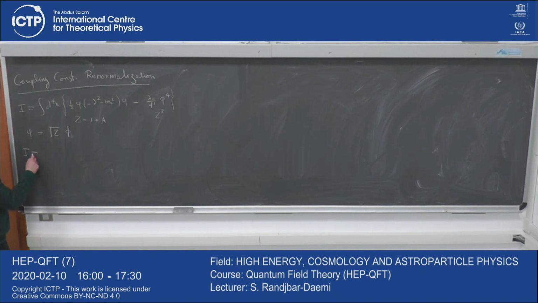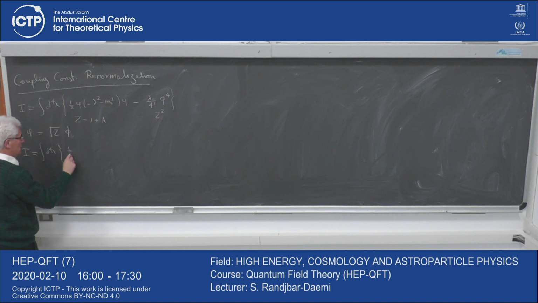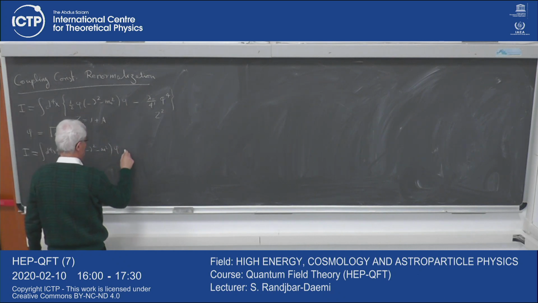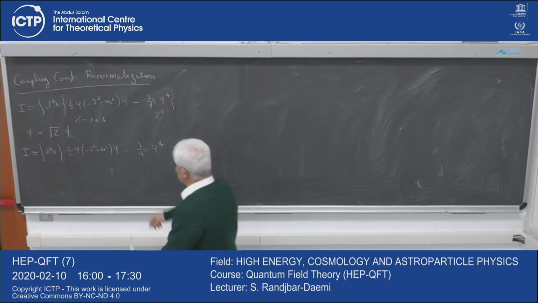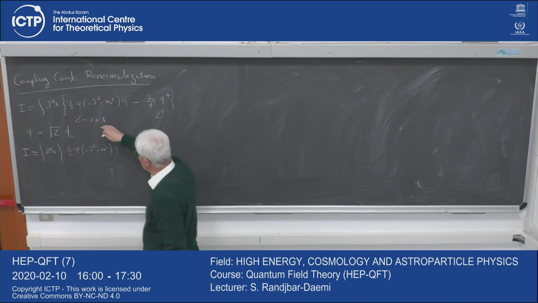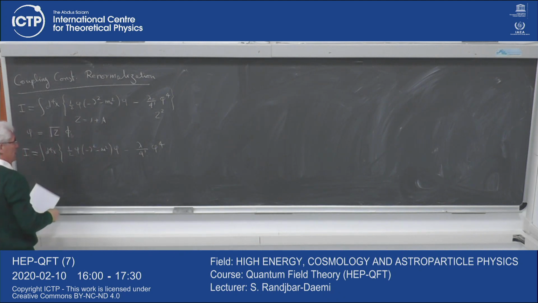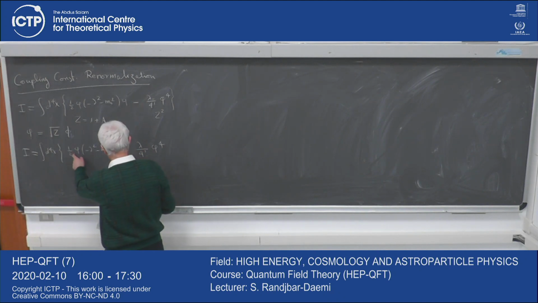When you write the same action in terms of the renormalized objects and separate the one piece from here like that, and write the mass also in terms of the renormalized mass, the coupling in terms of the renormalized coupling, then all the rest which comes from substituting the bare objects in terms of the renormalized objects boils down to rewriting the same terms except with coefficients which are different from here.